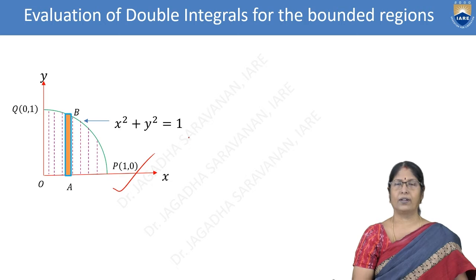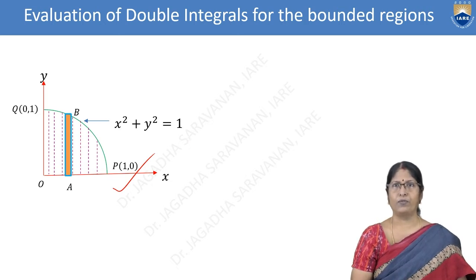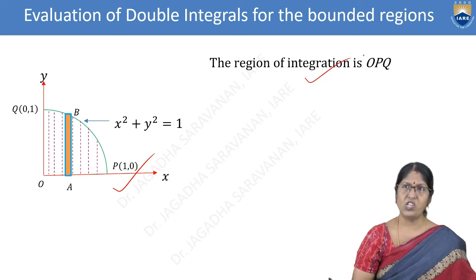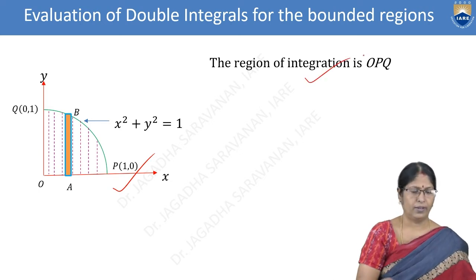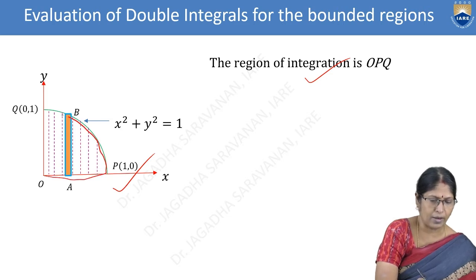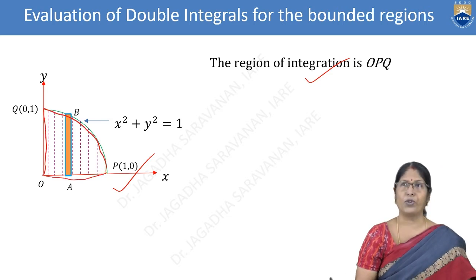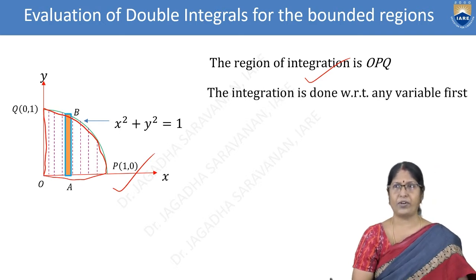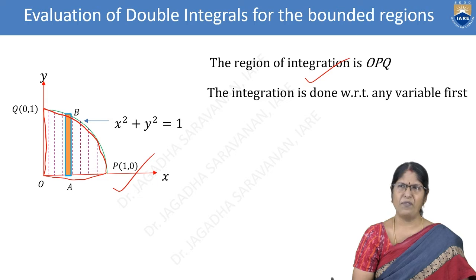So this is the diagram we have drawn for the given problem. The region of integration is OPQ. This is the bounded region, and we are going to do the integration. We can do dy first, otherwise we can do dx.